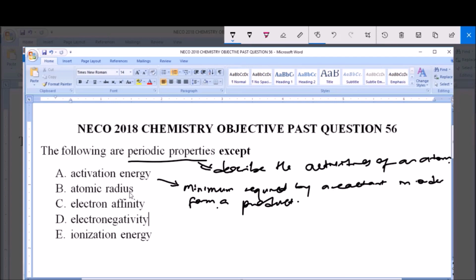But now, looking at option B, atomic radius. Atomic radius can simply be defined as half the distance between the nuclei of two similar atoms.